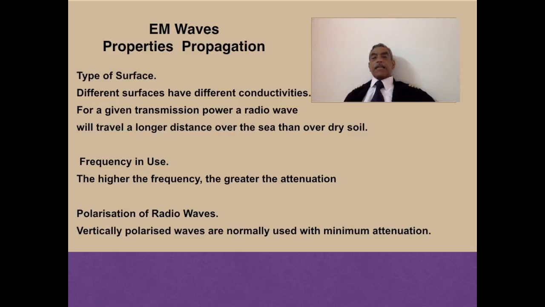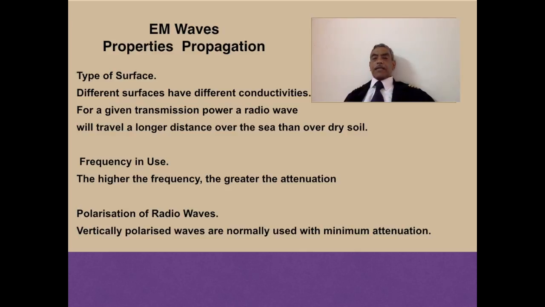For a given transmission power, a radio wave will travel a longer distance over sea than over dry soil, because the attenuation, the loss of energy in an EM wave, is a little bit less when striking over water. And of course, the frequency in use also matters.